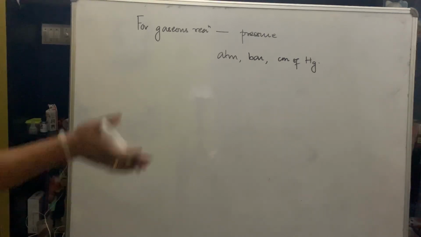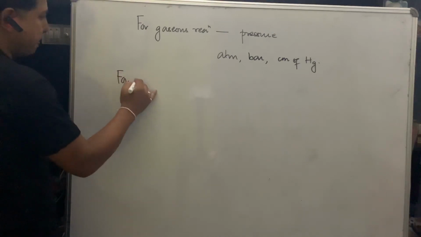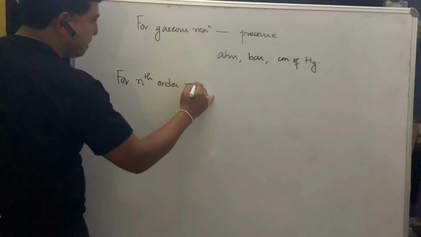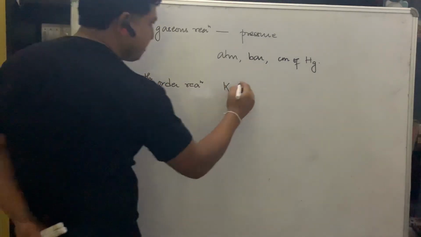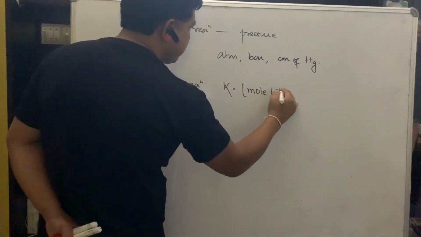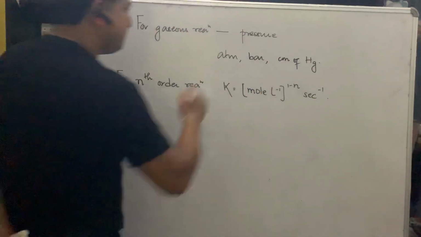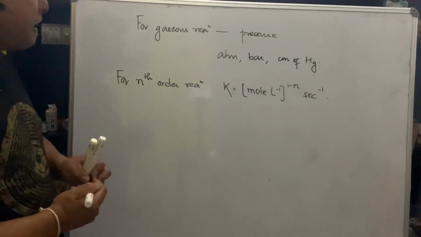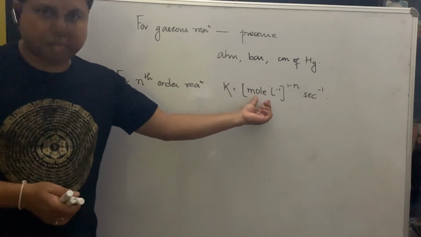Again, let us come to the same point now. For an nth order reaction, what is the general expression? K is mole per liter to the power 1 minus n, second inverse. So for reactions involving liquids and solids, we use the concentration term.